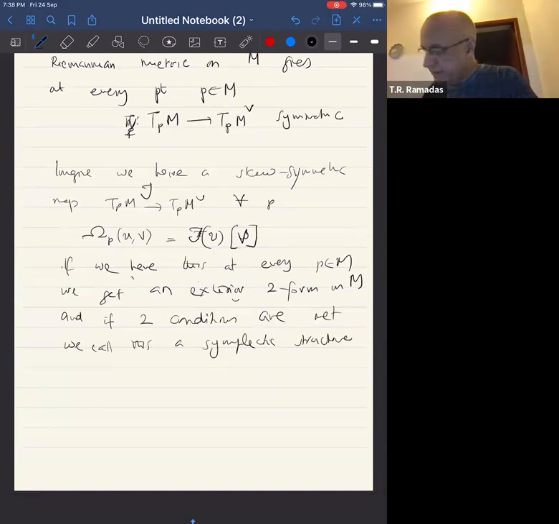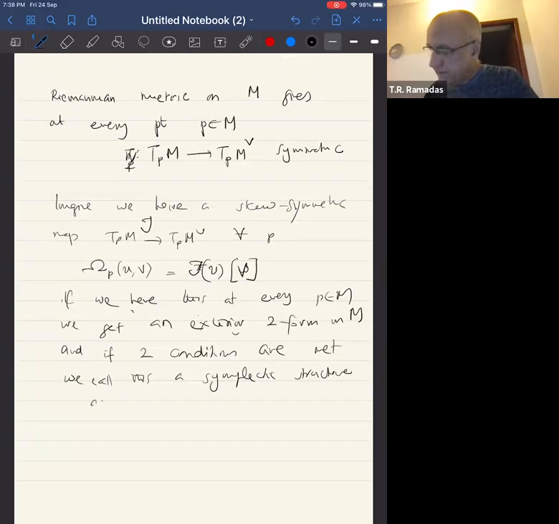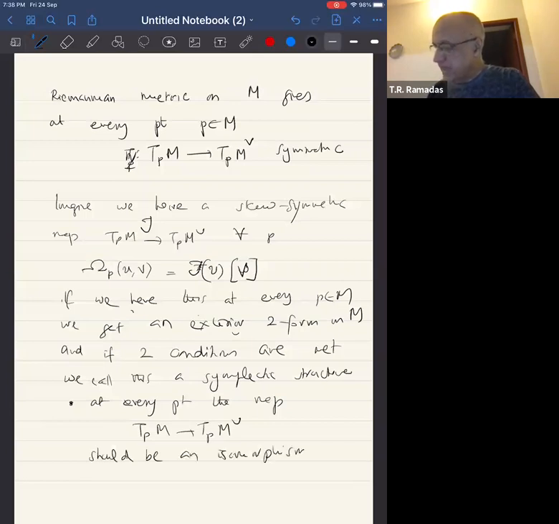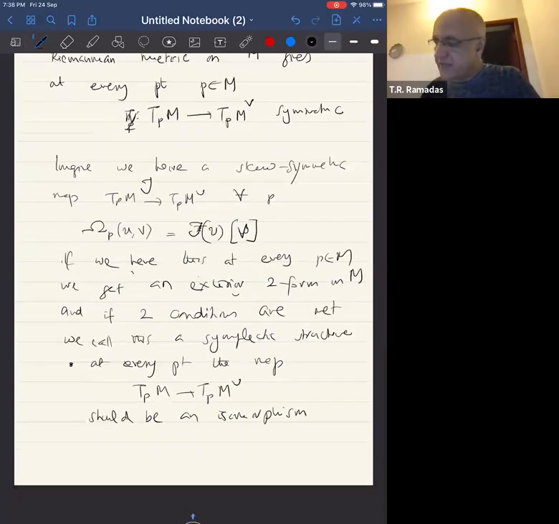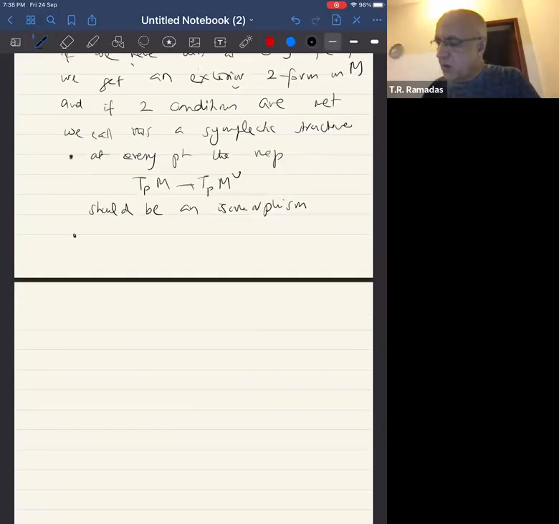One is that at every point, the map TPM to TPM dual given by omega should be an isomorphism. That is a punctual condition, it holds point by point. And the other condition involves differentiation. This exterior 2 form should be closed. Its exterior derivative d omega should be zero. If both these conditions are met, we call this a symplectic structure.